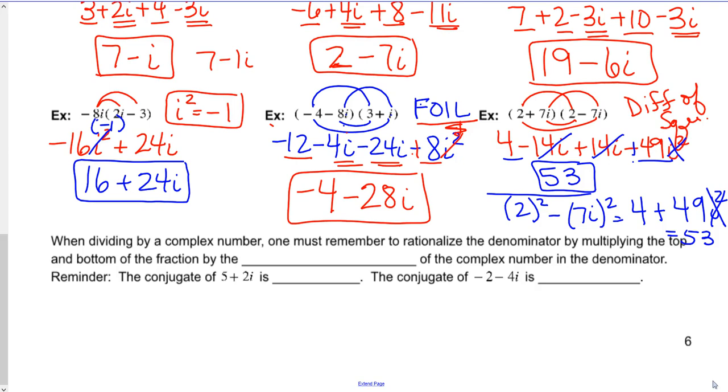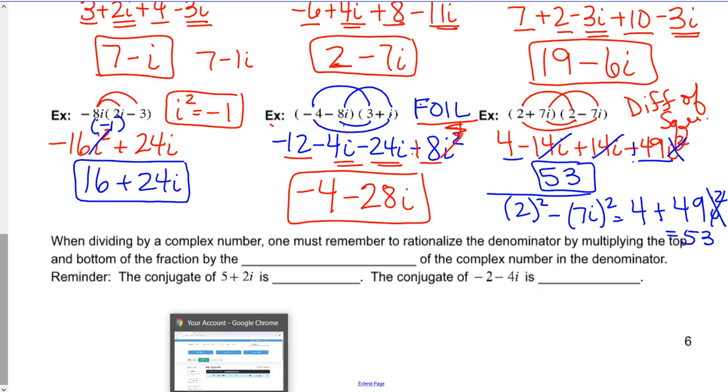Okay? So, we're down to dividing. We added, we subtracted, we multiplied. Now we're dividing with the complex number. And we have to go back to, I believe it was section P3, in which we were rationalizing the denominator when we had square roots. Now technically, this i is a square root. Remember, it's the square root of -1.